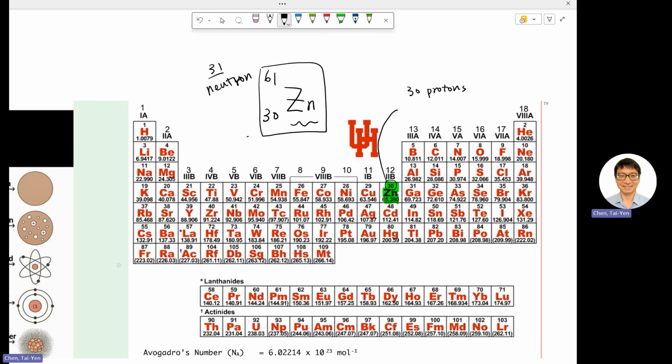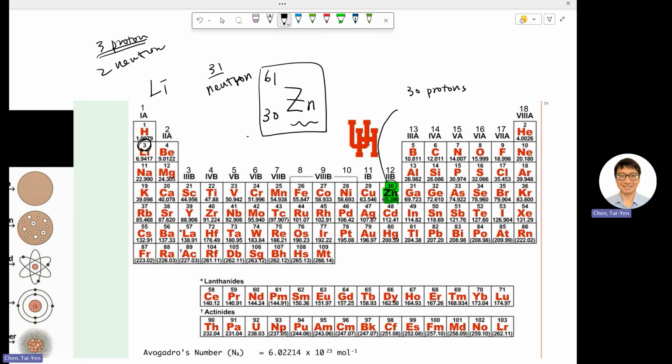For example, if today I say I have an atom that has 3 protons and 2 neutrons, what will be the atomic symbol? You start from the protons. You have 3 protons, so you look for the species that has 3 protons, therefore the letter symbol will be lithium.